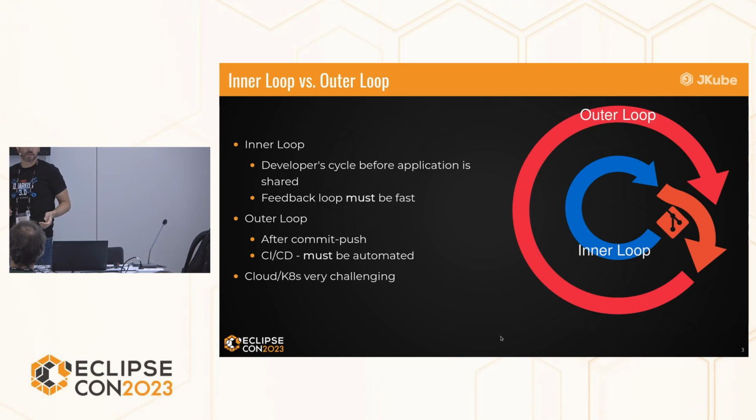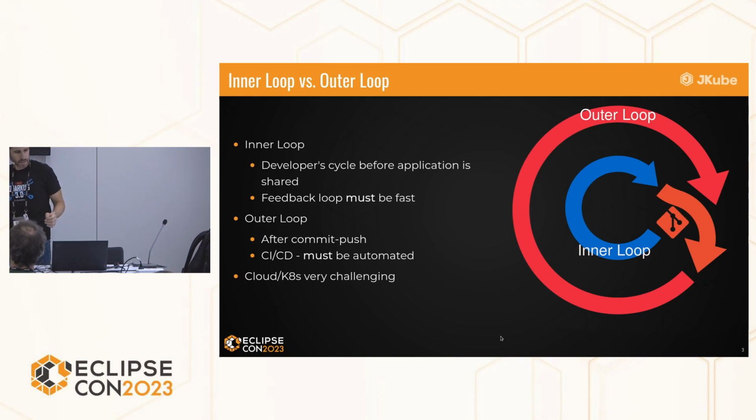It usually involves coding the application, building it, deploying it to a development environment, making sure that everything works, maybe some debugging, and so on. However, what we want for this loop is to make it as short as possible. We want the developer to have immediate feedback so that he or she can continue to keep adding value to the application, contributing new features.